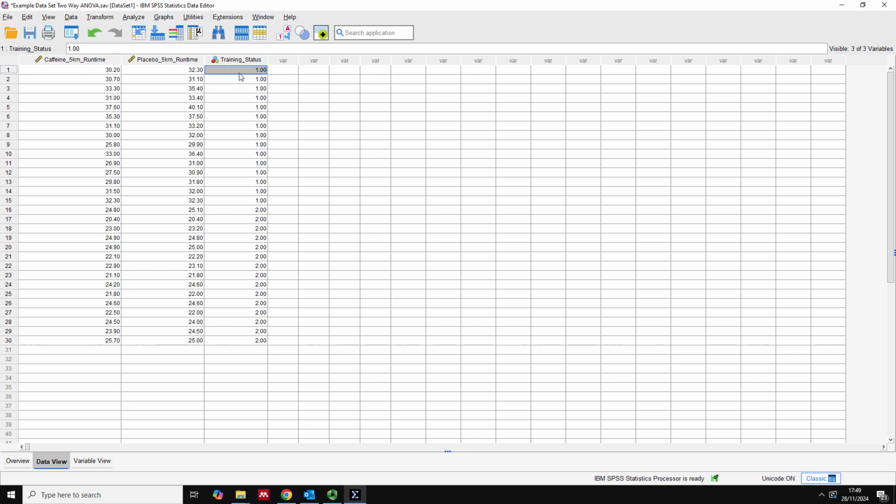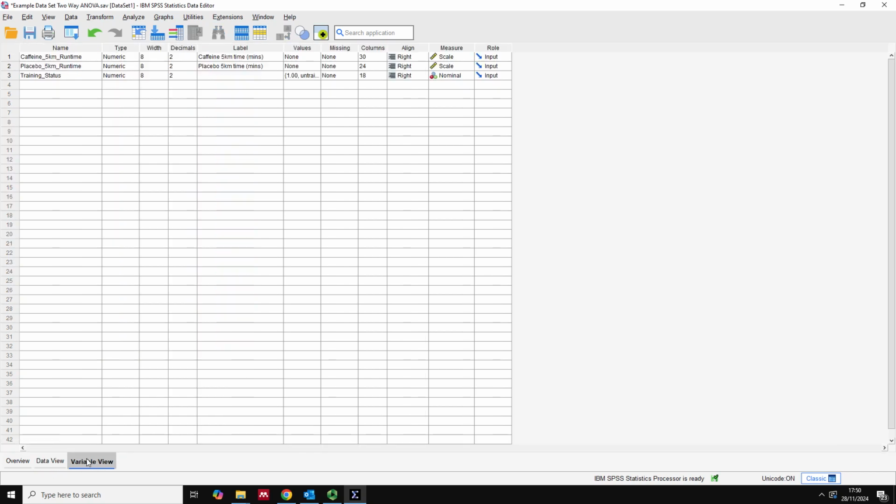And then we have one between subjects factor, which was training status. So half the participants were classed as untrained and half the participants were classed as trained. So we've got a within subject factor as one independent variable and a between subject factor, training status, as our other independent variable. So this is the data view in SPSS.